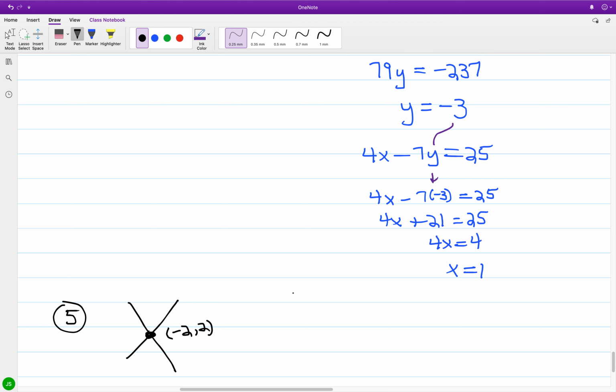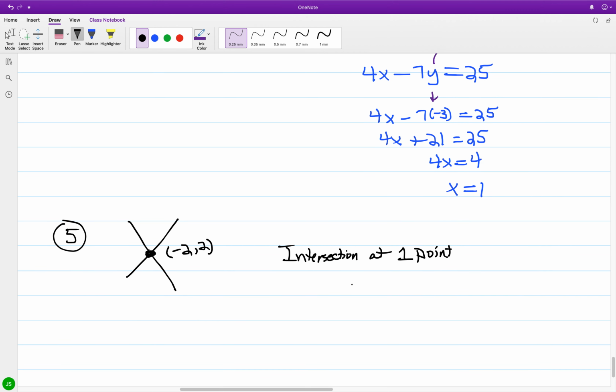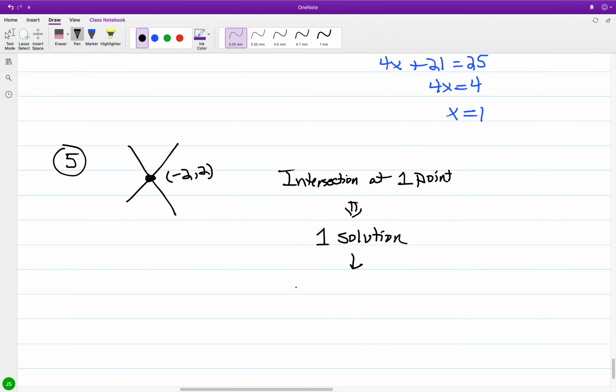For the graph, we have intersection at one point, and intersection at one point means we have one solution. The type of system we have is a consistent, independent system.